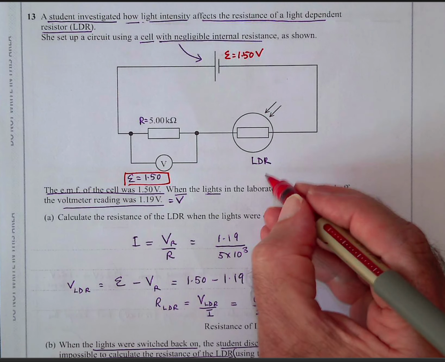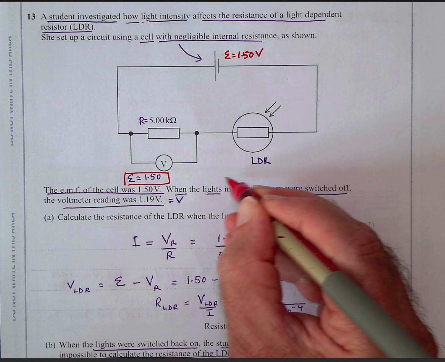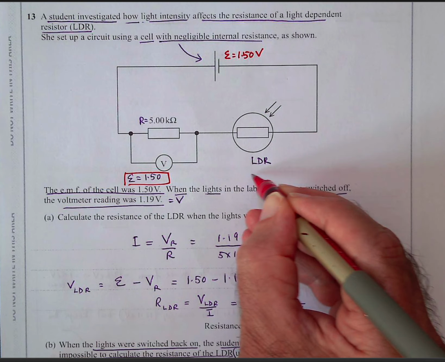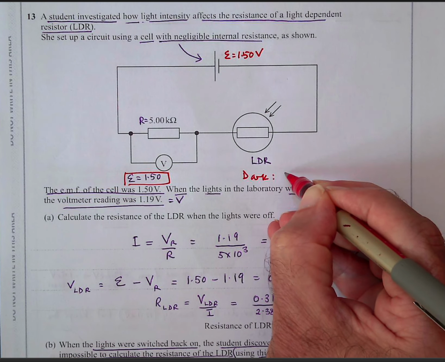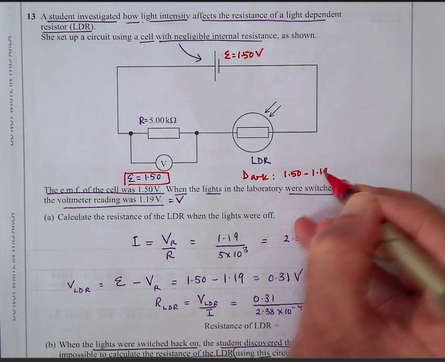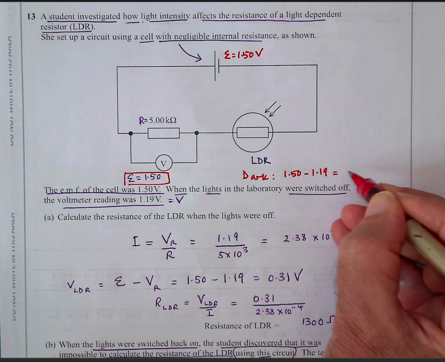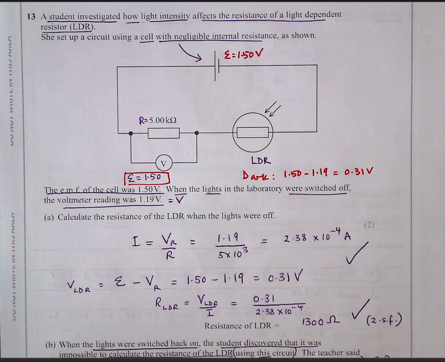That means that the LDR would get the rest of the 1.5, so when it's dark the LDR would get 1.50 minus 1.19, because this is taking 1.19, so it gets 0.31 volts when it's dark.